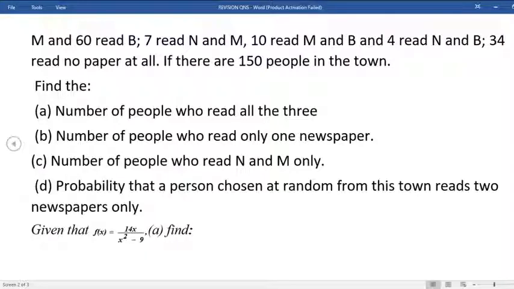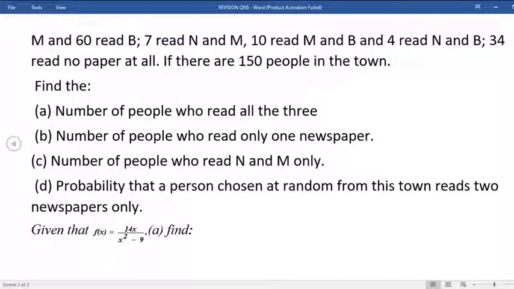If there are 150 people in the town, so the summation is 150. So this is the information that was given to us, and they want us to find the number of people who read all the 3 newspapers.